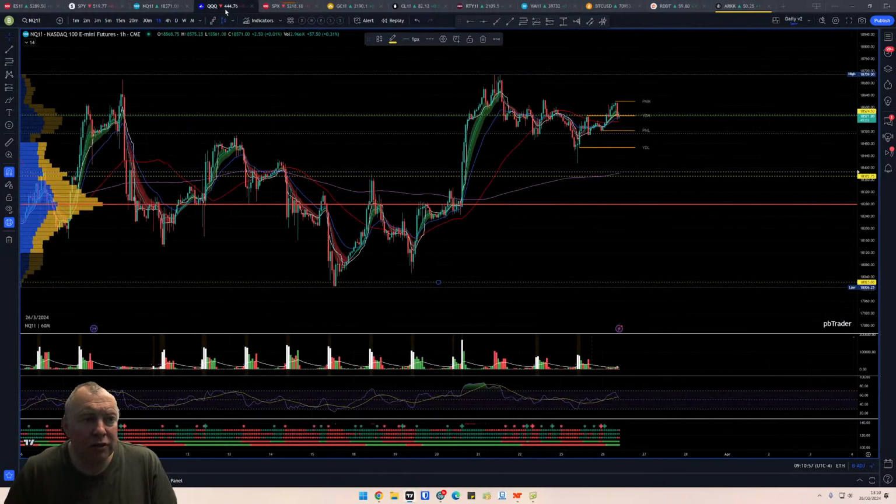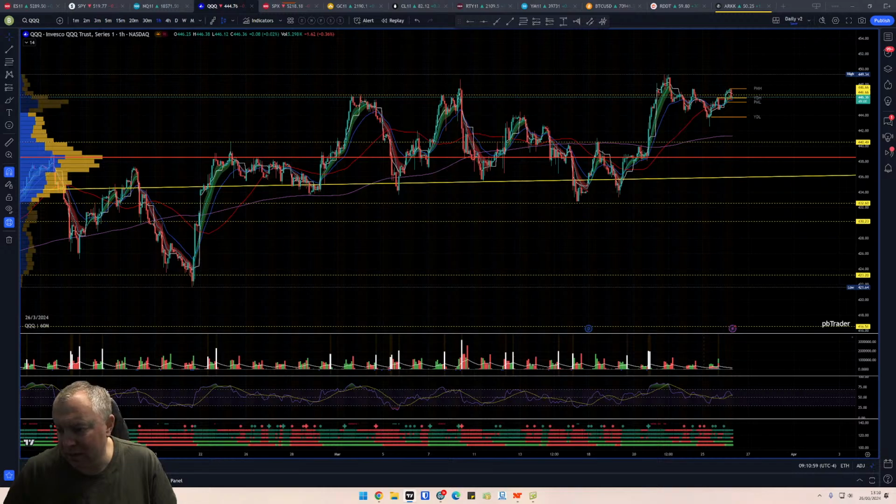QQQs next, exactly the same. If we pull back down into this region here, 440, watch it for a bounce. We've got the point of control around that area, so 438 could potentially be a stop area. If you put your stop loss below, look for a long up.